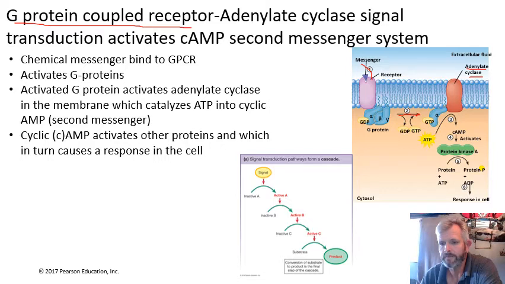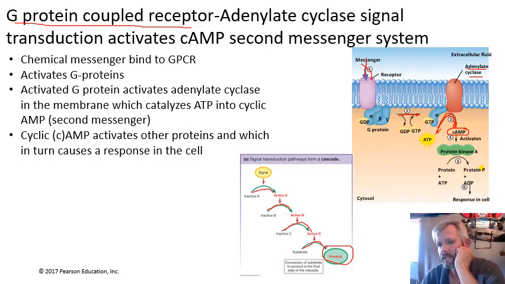Okay. That activates this enzyme, and now the adenylate cyclase catalyzes the reaction of taking ATP and turning it into cyclic AMP, which is called a second messenger. The first messenger is this out here, and now we're converting to a second chemical messenger. In this cascade, you can see the signal transduction pathways form these cascades in which activation of one protein activates another, activates another, activates another, and we finally get a response or product.